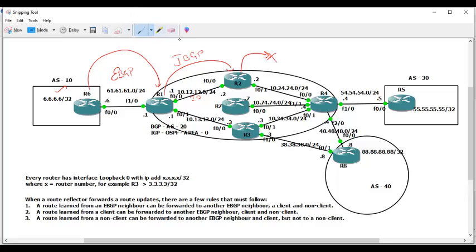Fine. So what is then the solution there? The solution is a route reflector. Let me repeat again. The 6.6.6.6 will come up to here, but router 2 will not give it to router 4. Same way, this 55 network will come here.